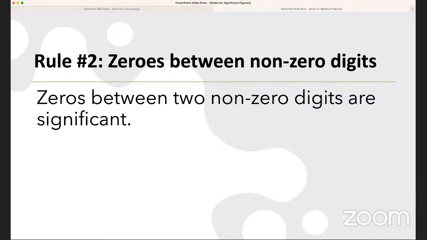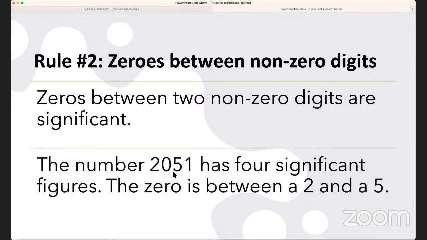All non-zero digits are significant, and any zero sandwiched between two non-zero digits is also significant by default. So in this example, 2051, the zero is significant because it's sandwiched between 2 and 5. So we have 4 significant digits in this number.